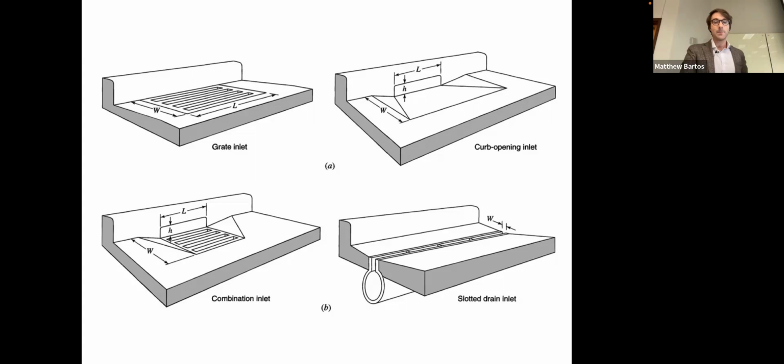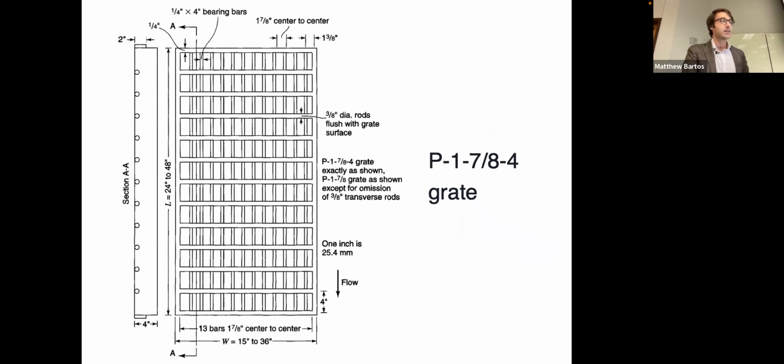Okay. Just very quickly, there's also different kinds of specified grates for curb opening, not for curb opening, for grate inlets. And these are often collected in the HEC 22 manual. So these are just specific types of grates that have their hydraulics analyzed through many, many empirical studies so that they have known depth discharge relationships.